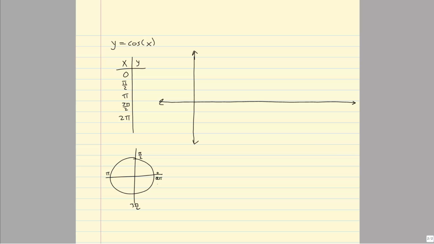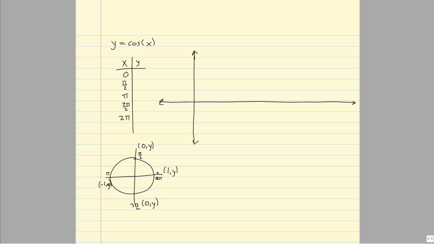I'll write this on the top. So I just want to know what my y value, or sorry, my x values are. So this is 1 and then some y value. This is 0 and some y value. Negative 1 and some y value. And this is 0 and some y value.